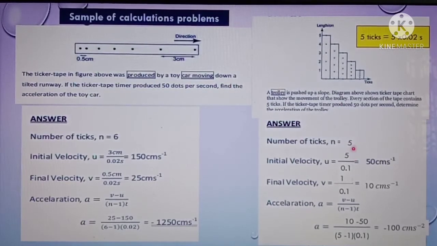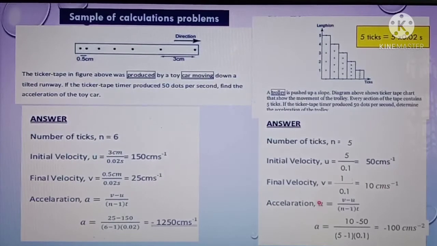So the time taken 0.1 second. So initial velocity u equals length 5, read from here, divided by time taken for one strip, 0.1. So you have 50 centimeter per second. Final velocity, the last strip, the length is 1 cm. So 1 divided by 0.1 equals 10 centimeter per second.